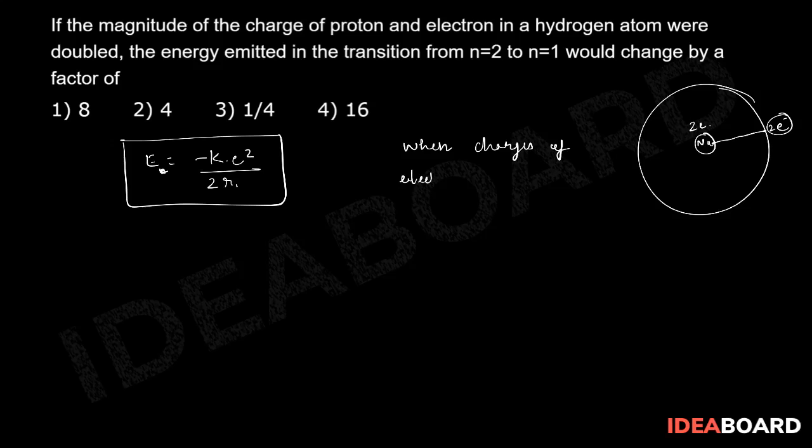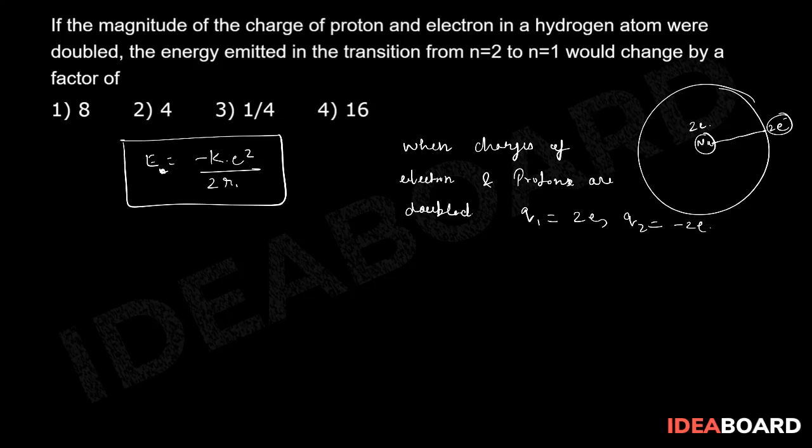Now when charges of electron and proton are doubled, that means I can write q1 is equal to 2e, q2 is equal to minus 2e.